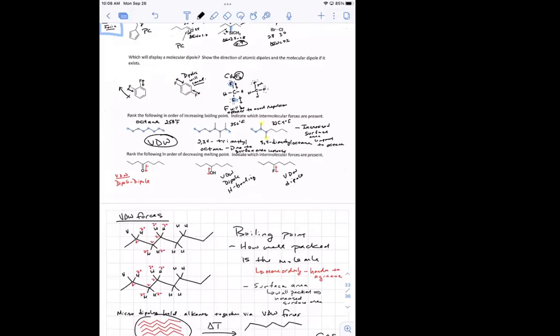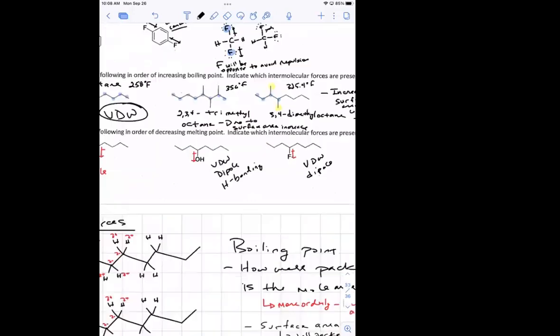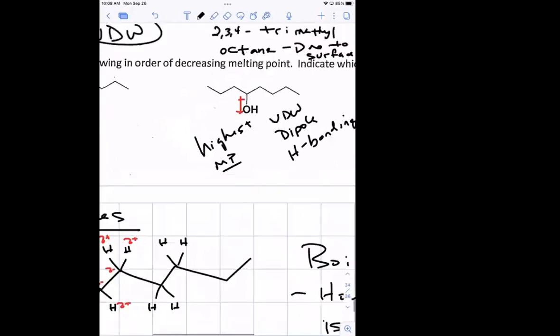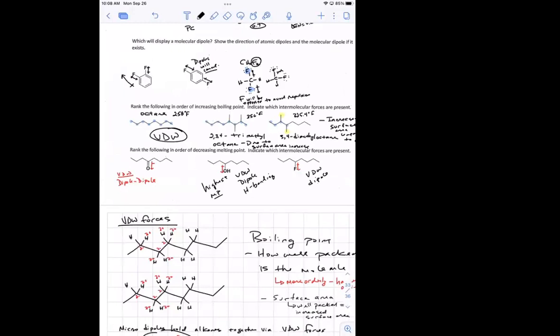The alcohol. It's got the strongest intermolecular forces between it. And even though all of these are probably liquids, it's just a concept that I'm trying to make the point with.